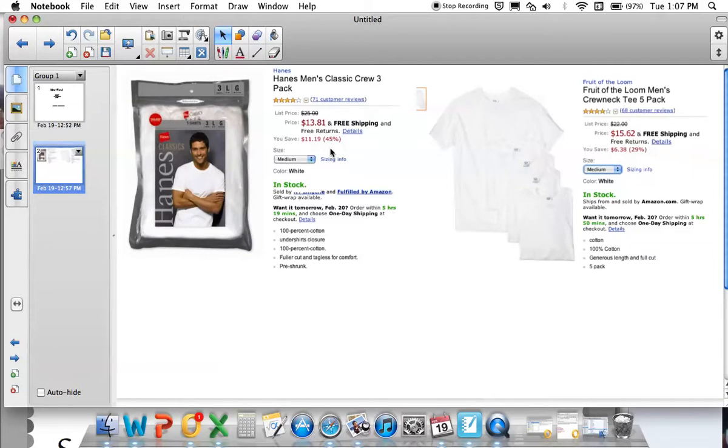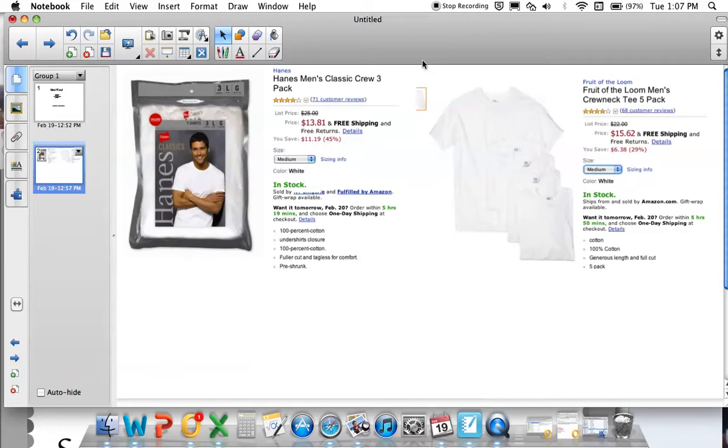So suppose you were jumping back and forth between buying Hanes or Fruit of the Loom. I think they're both tagless. They both have great things for them. They're slightly different shirts, although they are essentially the same thing. Well, the Hanes comes in a pack of 3, and the Fruit of the Loom comes in a pack of 5. They're different costs, and obviously the 5-pack is more expensive than the 3-pack.